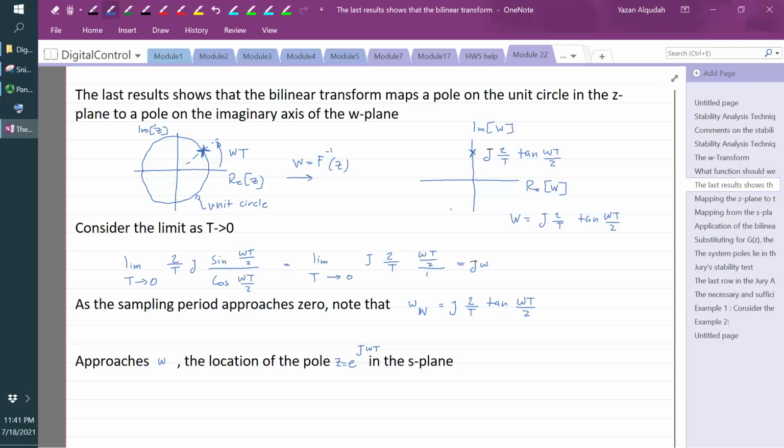Does that make sense? Why is that the case? Because when T goes to 0, this cosine is going to become a 1. And then I'm going to have a 0 over a 0. I can take L'Hopital's rule, take the derivative. I'm going to get omega, and then the T with the T is going to cancel. I'm going to get the j omega.